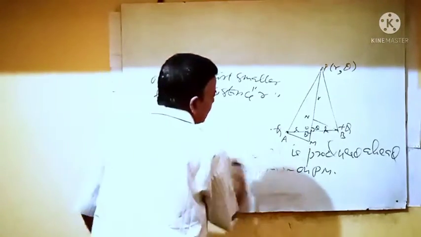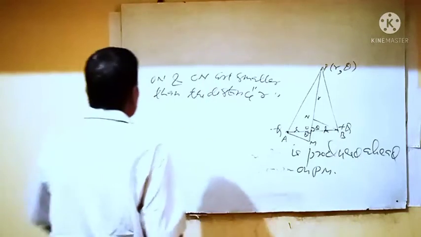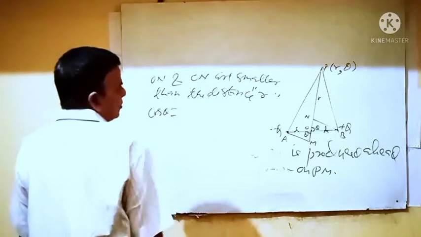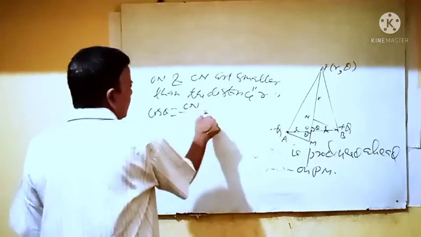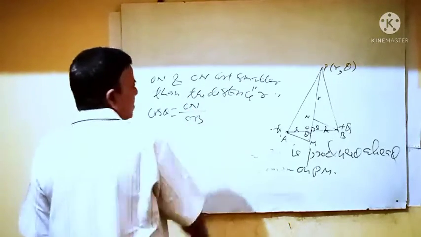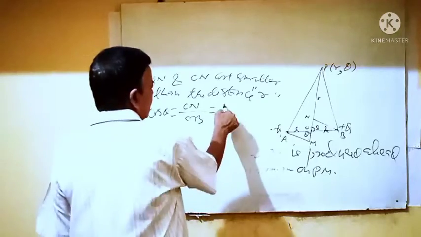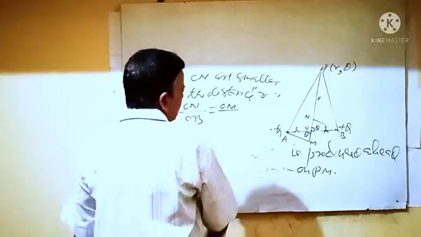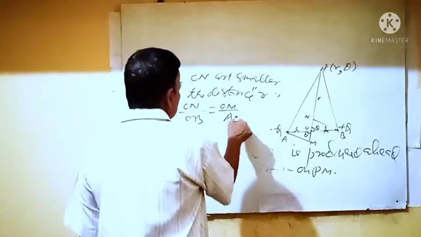What is cos theta? In the triangle, cos theta is equal to ON by OB, which is equal to OM divided by AO.